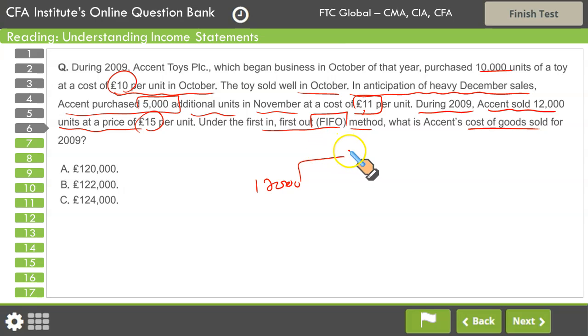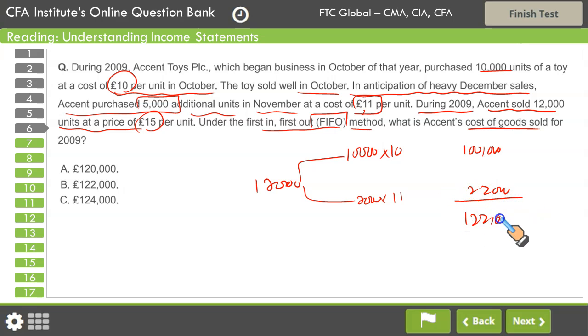Out of these 12,000 units, 10,000 units are priced at 10 each, the older cost, and the remaining 2,000 units were from your latest purchase, at 11. So that would be 10,000 times 10, 100,000, and 2,000 times 11, 22,000. If you add these two up, you will get 122,000.